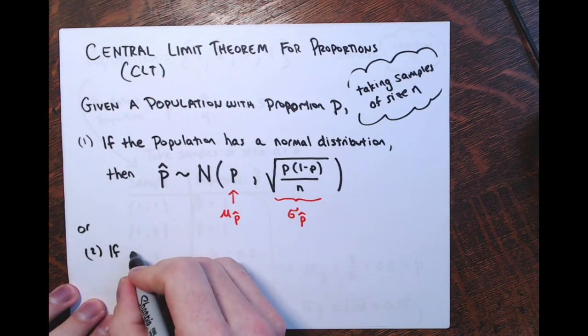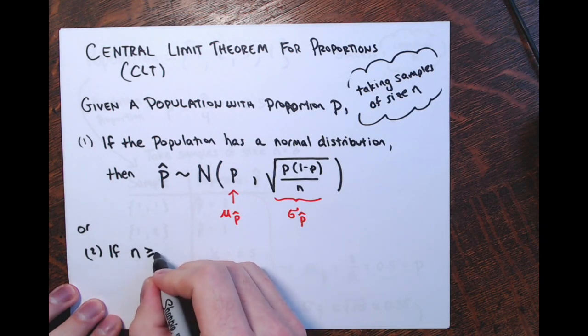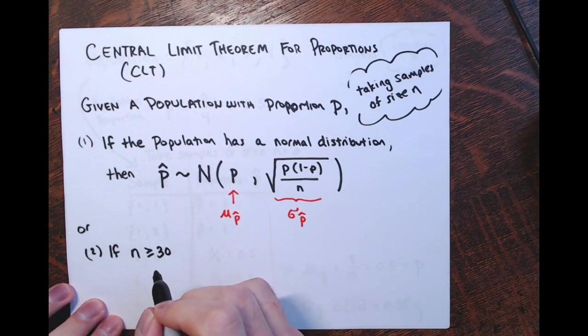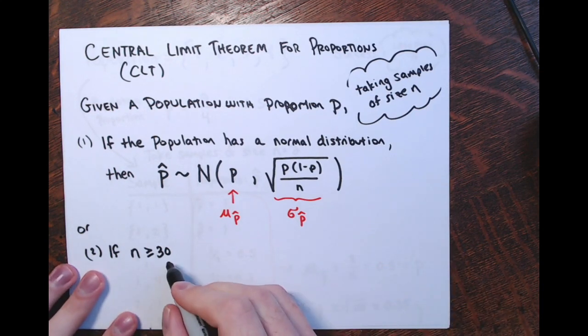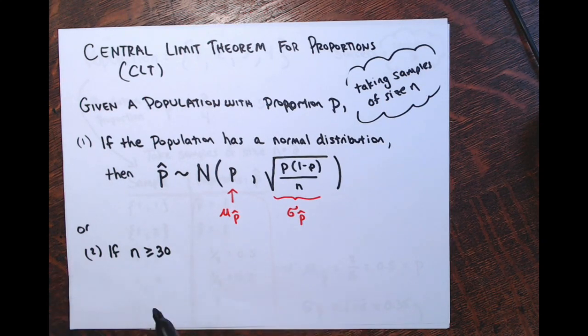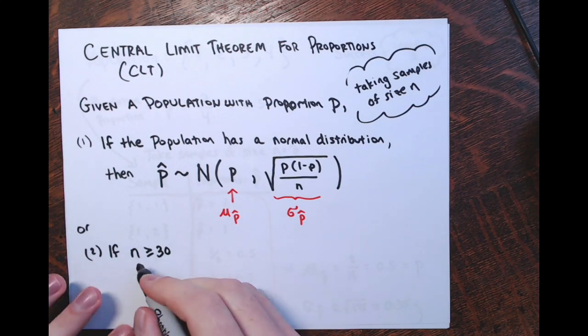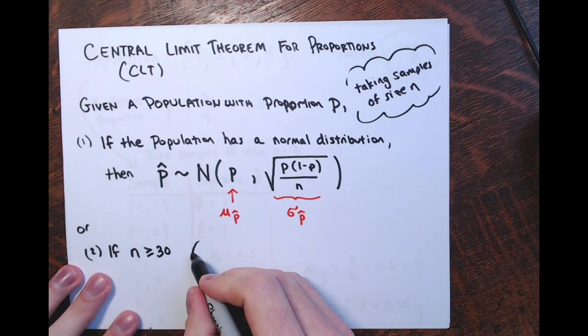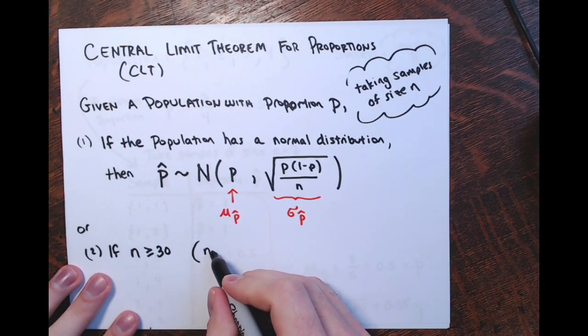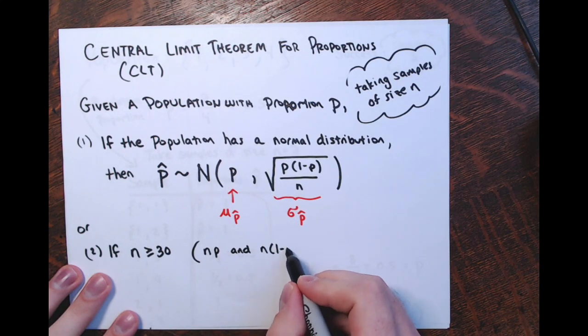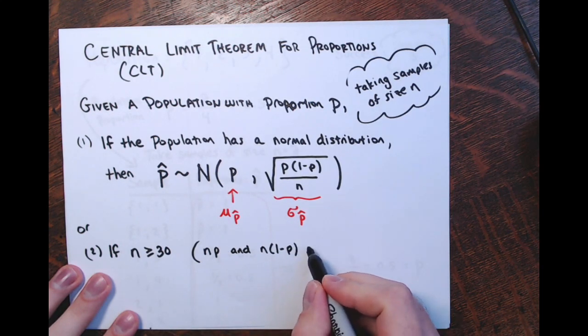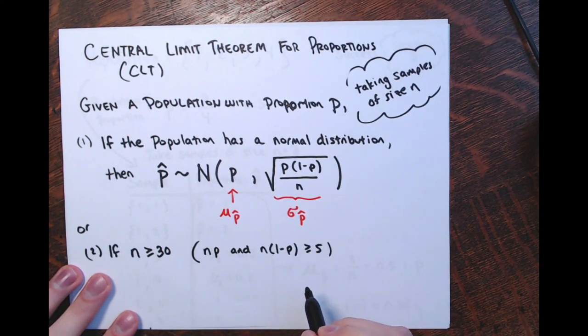Or if you're pulling sample sizes that are large enough, remember that, kind of like the central limit theorem for means. If you're pulling sample sizes large enough, they might also add the caveat that n times p and n times 1 minus p are both greater than or equal to 5.